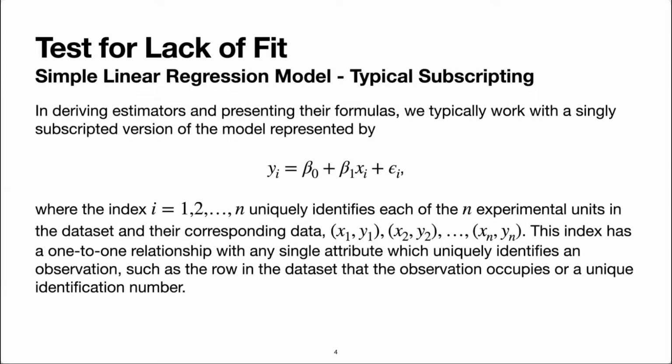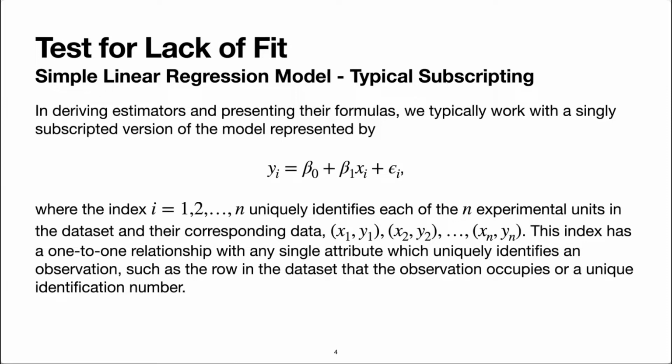So in deriving estimators and presenting their formulas, we typically work with a singly subscripted version of the model represented here, y sub i equal to beta 0 plus beta 1 times x sub i plus epsilon sub i, where the index i uniquely identifies each of the n experimental units or subjects in the data set and their corresponding data.